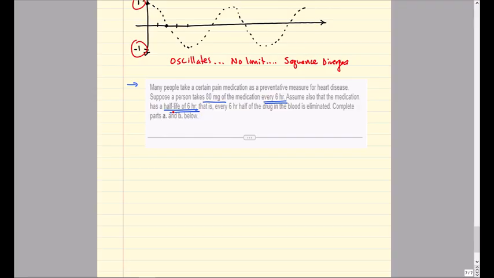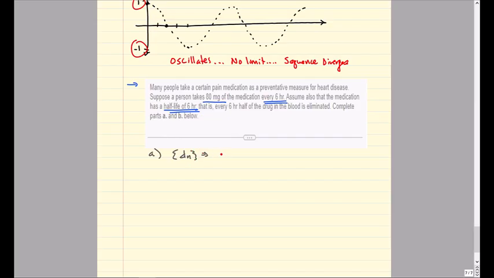First of all, we want to find a recurrence relation. That's part A here. We want to be able to write a sequence for how much is in your blood after you take enough doses, like that maintenance level. So we can call this D sub n. We usually call our sequences A sub n.